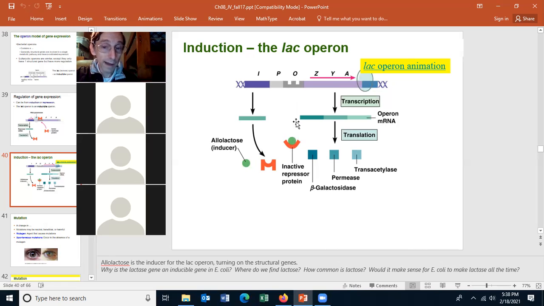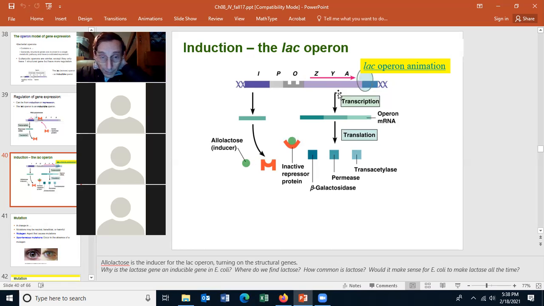And then when it falls off, it's now free to bind to the allolactose, and there's lots of allolactose around, and it will inactivate that repressor protein so it cannot rebind to the operator. And that will turn on the gene expression for the lac operon. Any questions about that?